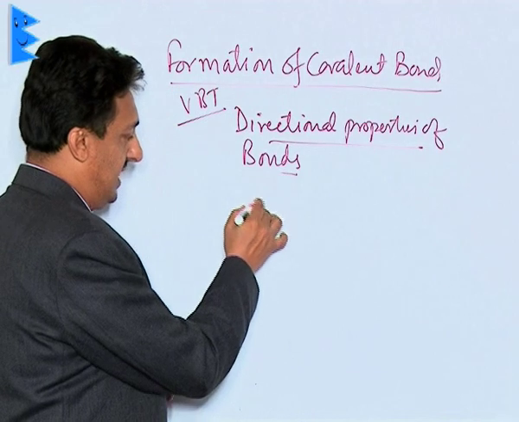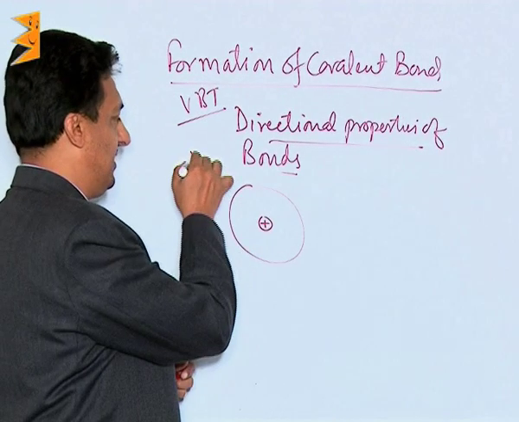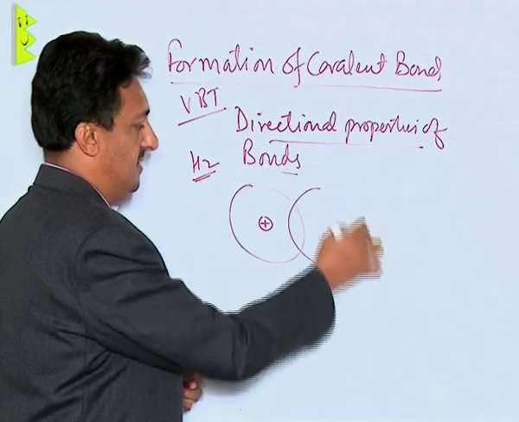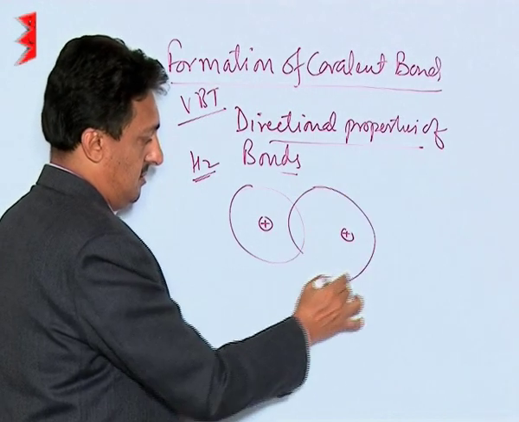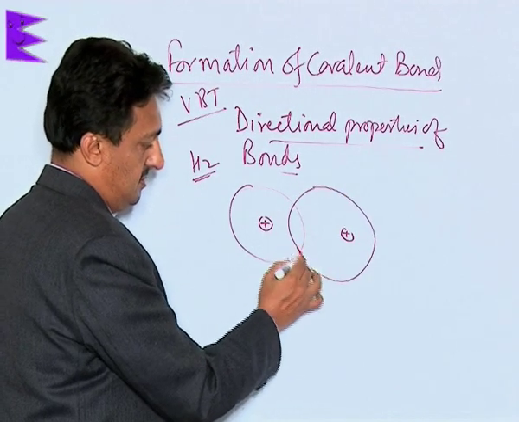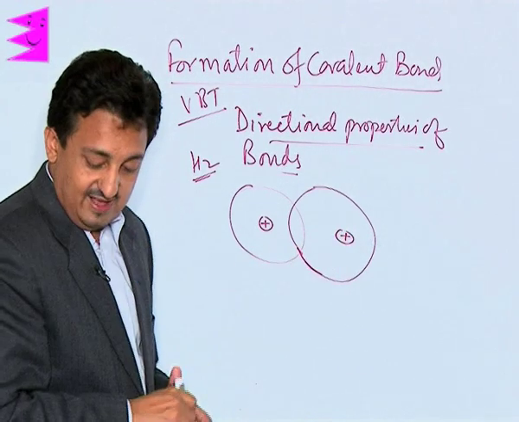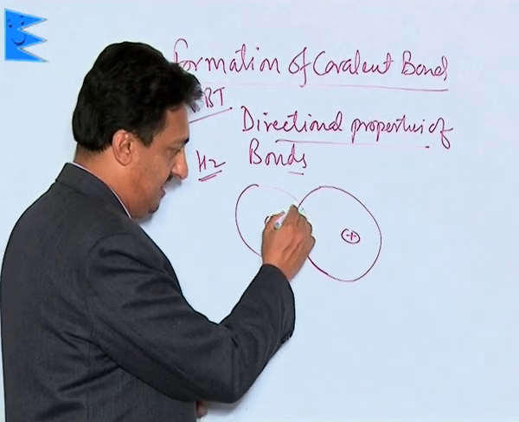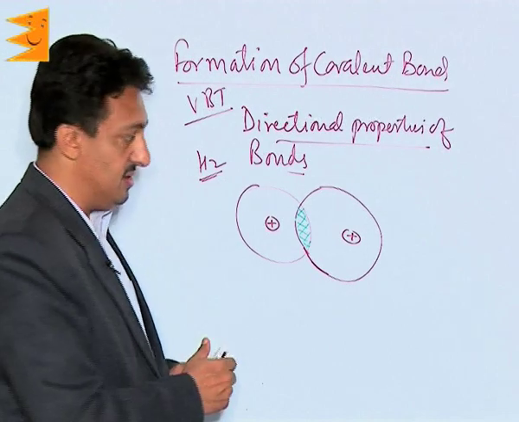This is one of the s orbitals of one of the molecular species. Like we can take the example of hydrogen molecule, and this is the s of the other atom, and this is how they can overlap. Now, this extent of overlapping is the one which is going to decide how strong the bond is.